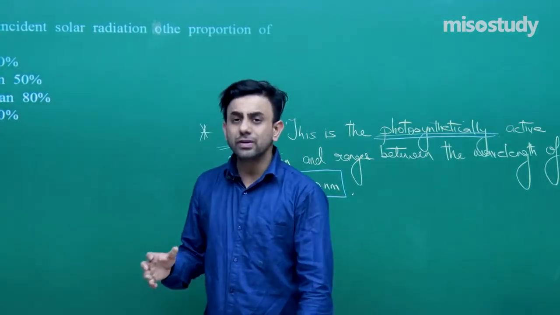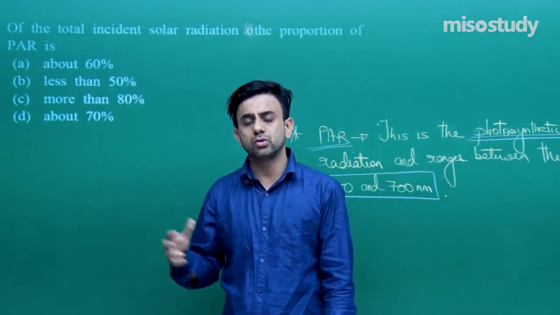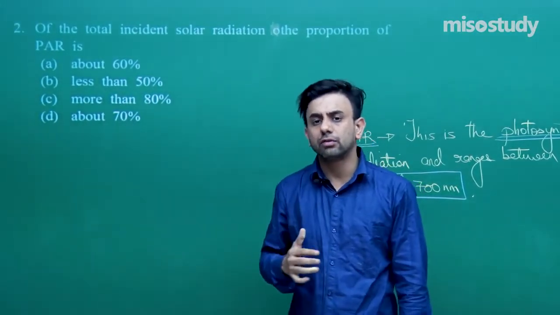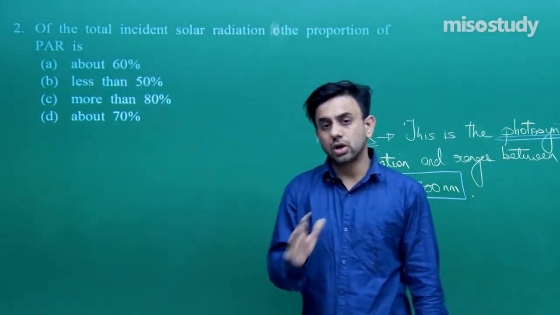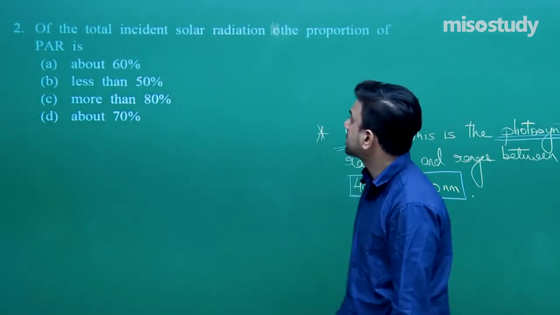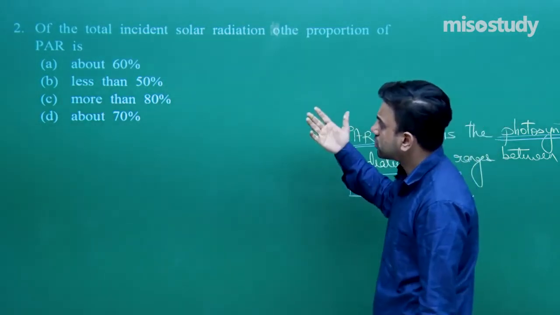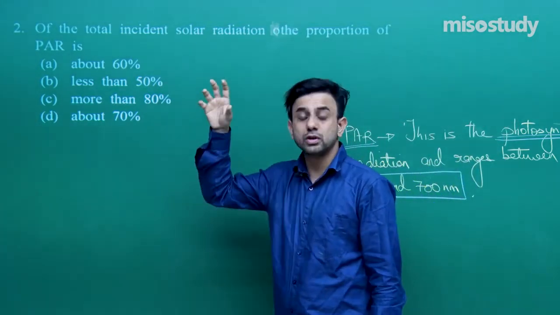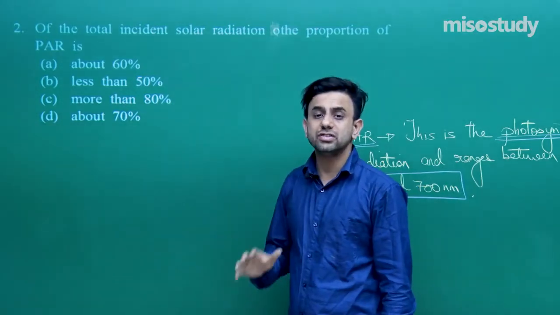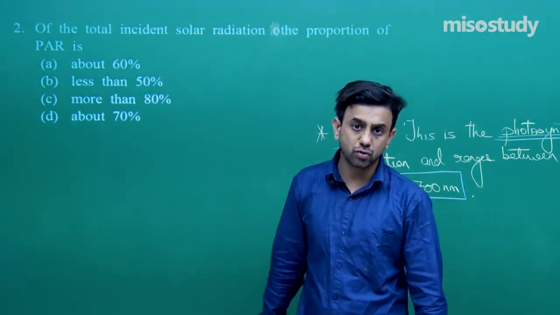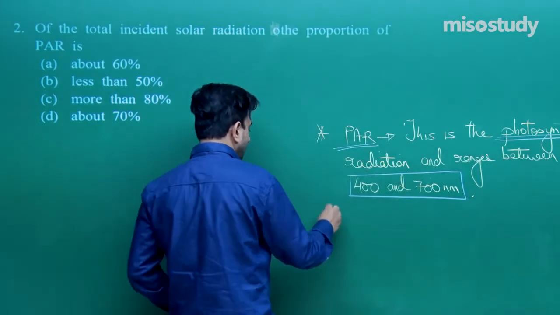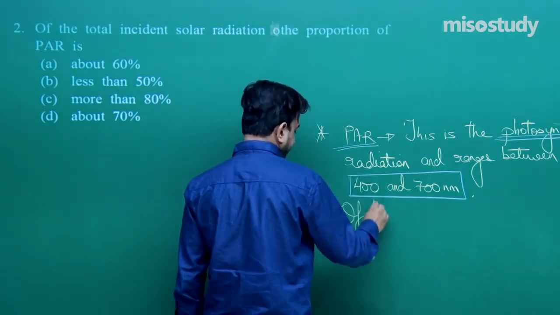Right. Now we will see that all the solar radiation falling is not completely utilized for photosynthesis. Of the total incident solar radiation, only about 50% or less is the active radiation which is used for photosynthesis.